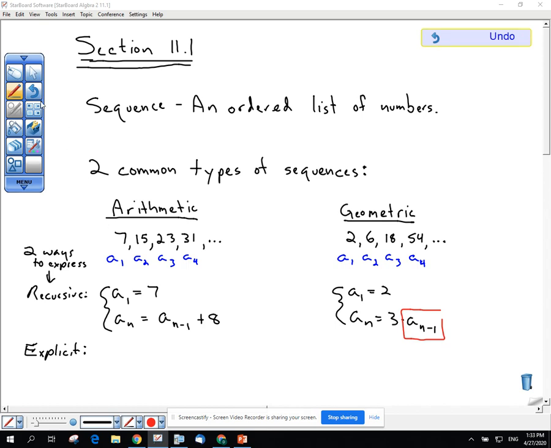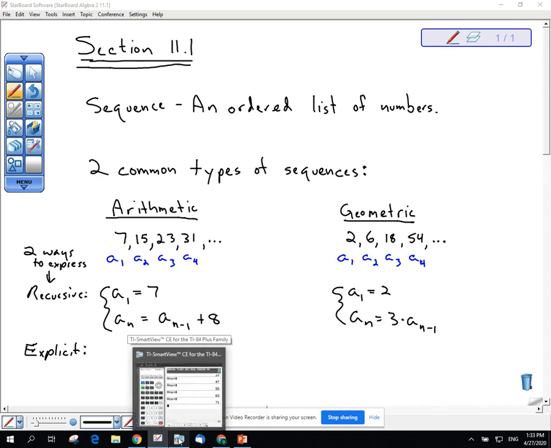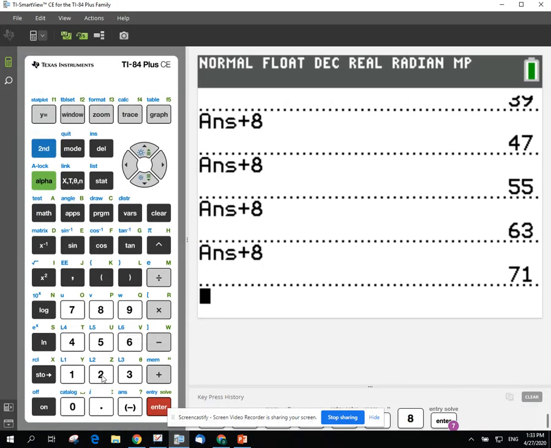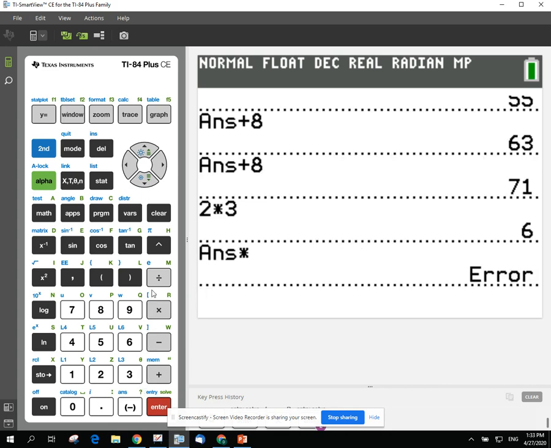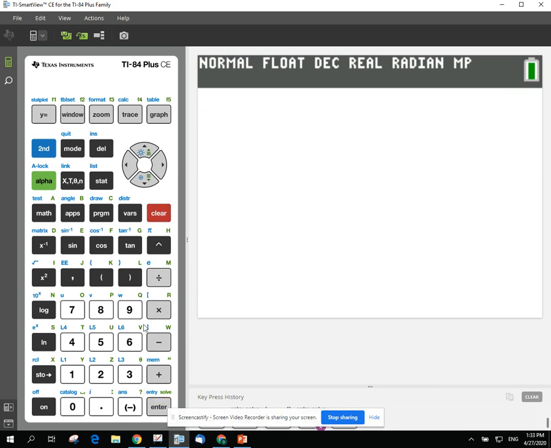Okay, now let me show you too on the calculator. We can do that as well. 2, 6, 18, 54. How do I get from 2 to 6? Well, 2 times 3 is 6. Let's try that again. 2 times 3 is 6.